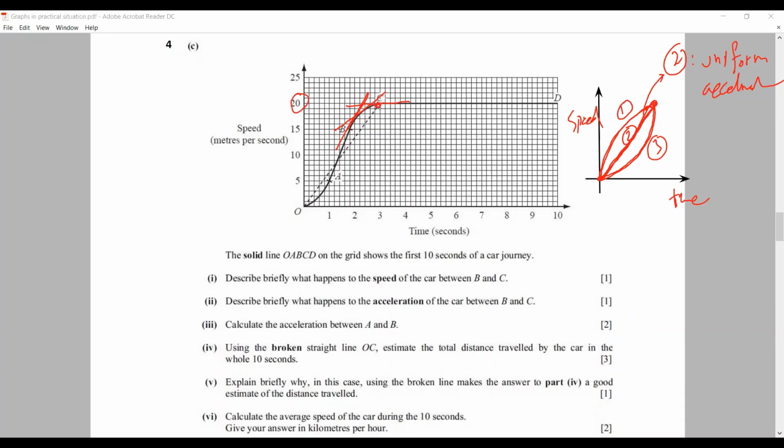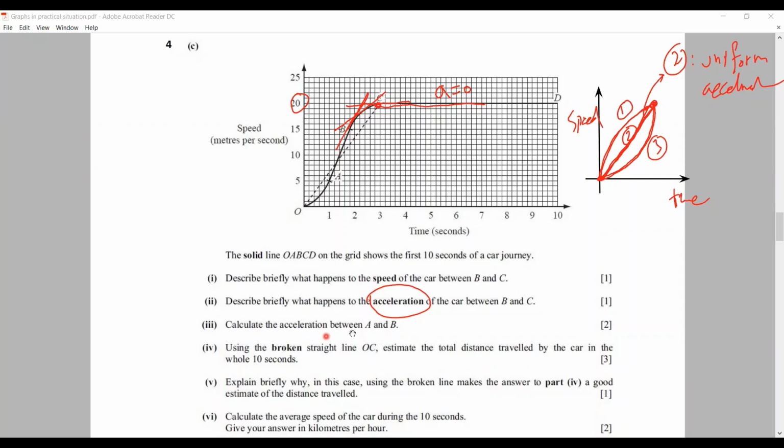That's point C, basically. After that, the speed is constant and acceleration becomes 0, because the slope of a horizontal line is 0. So what is happening is that the acceleration is decreasing. We still have acceleration, we're still speeding up, but at a lower rate as the speed increases.